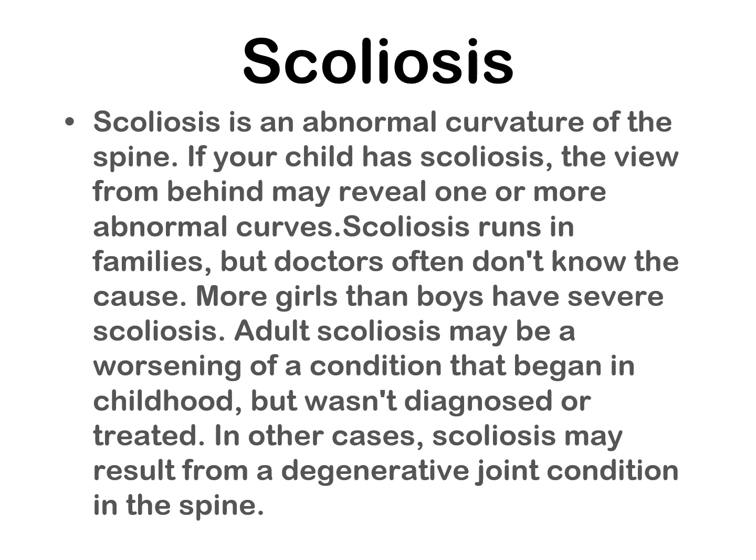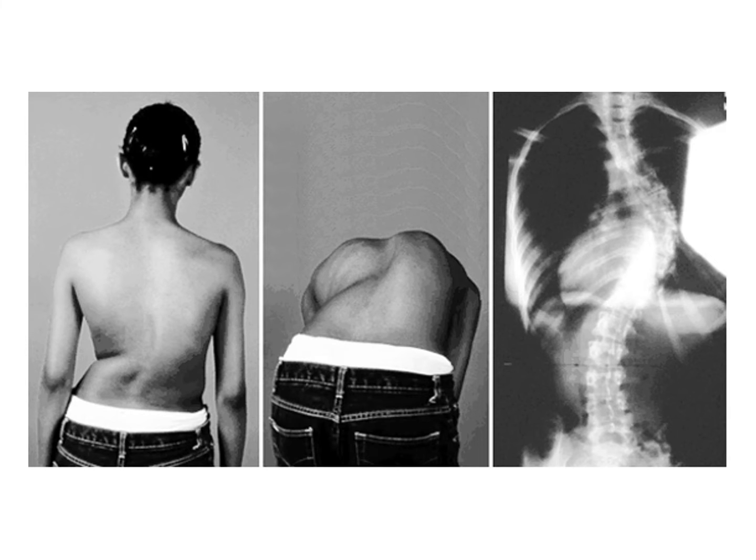Adult scoliosis may be a worsening of a condition that began in childhood but wasn't diagnosed or treated. In other cases, scoliosis may result from a degenerative joint condition in the spine.